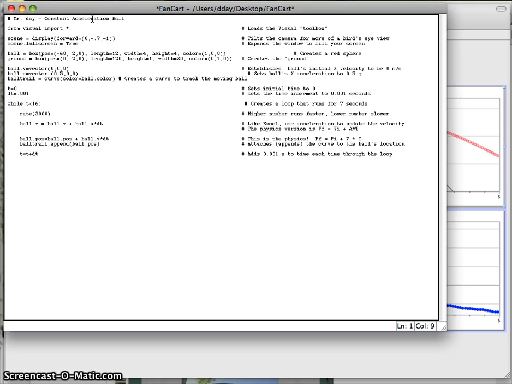Again, I talked to David Weaver, he's a friend of mine, and he said I could modify this stuff any way I want. Constant acceleration fan cart. Okay. And then I'm going to press Apple S to save my work.